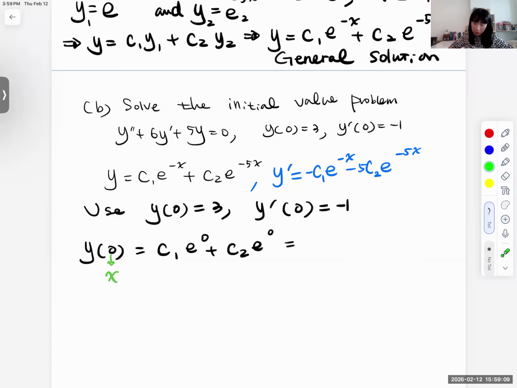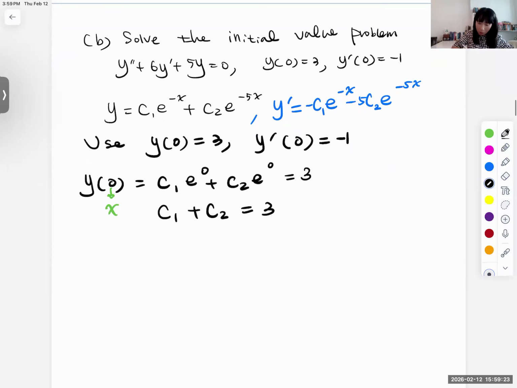We have y of 0 equal to 3, right? So we have equal to 3, yeah? Then we get c sub 1 plus c sub 2 equal to 3, right? Okay, now we have y prime of 0. In that case, x is 0. I'm sorry.